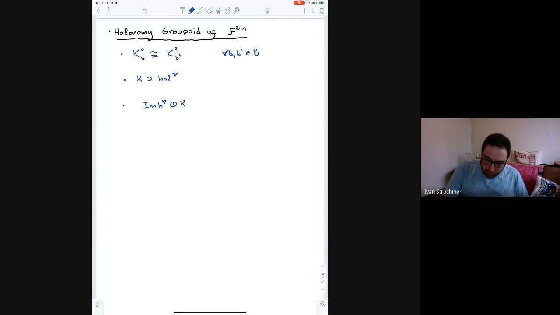This is an involutive distribution on the orthogonal frame bundle of V, the O(n) frame bundle. So what's going on is that you can lift your linear foliation to a foliation on the orthogonal frame bundle, which is regular.